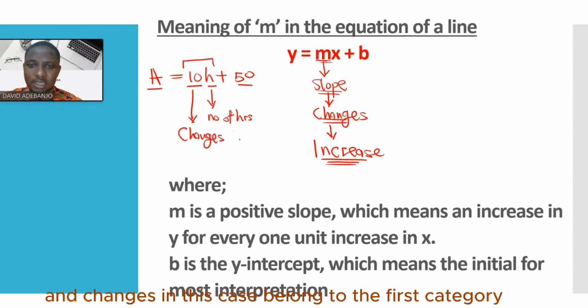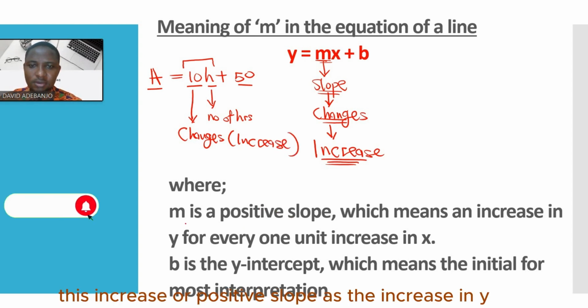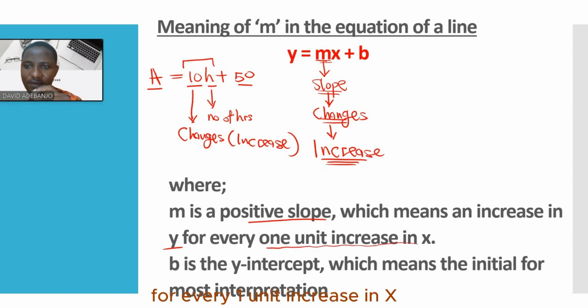And changes in this case belong to the first category, which is increase. I define this increase, or positive slope, as the increase in y for every 1 unit increase in x.